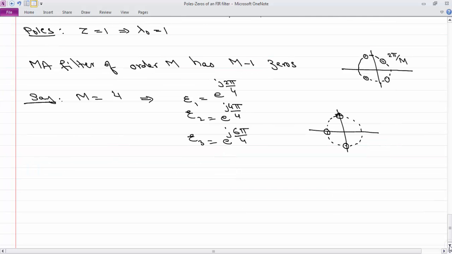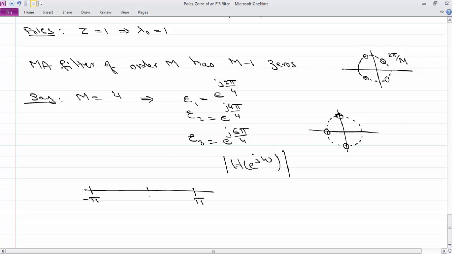And now, just by the discussion that we had, you have three zeros, and you can figure out which directions these zeros are. So I'm trying to now find out the magnitude response of the moving average filter, and let's focus only from minus pi to pi.